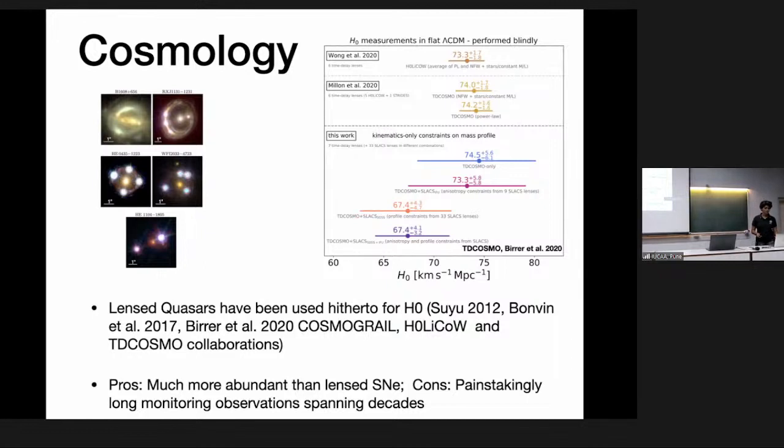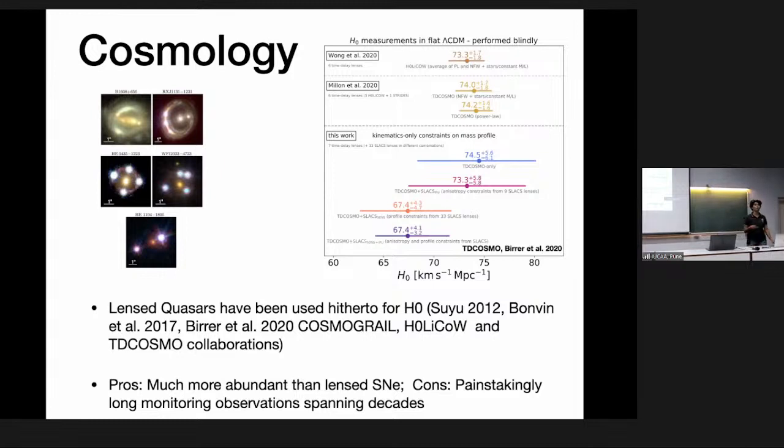to better understand the universe. The advantage of these lens quasars is that they are much more abundant compared to lens supernovae. They are just there for us to study. But the downside is that these quasars have intrinsic variability, and it takes years and years, sometimes decades.